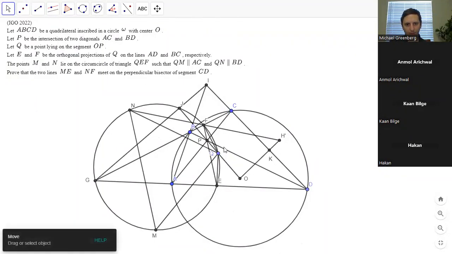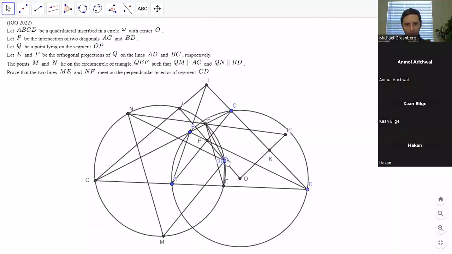I don't think it's true that FP and E are collinear, though. Yeah, that's a coincidence. But yeah, it is an isosceles trapezoid. Yeah, okay, you can prove it easily by angle chase.